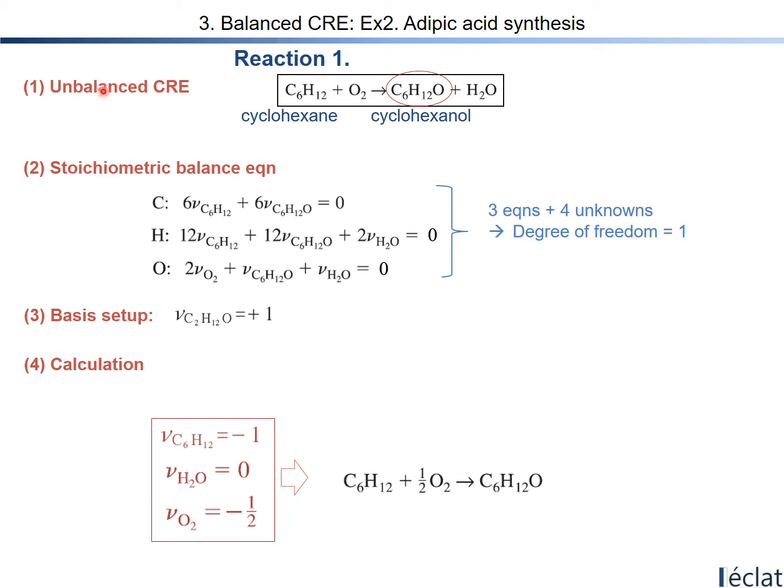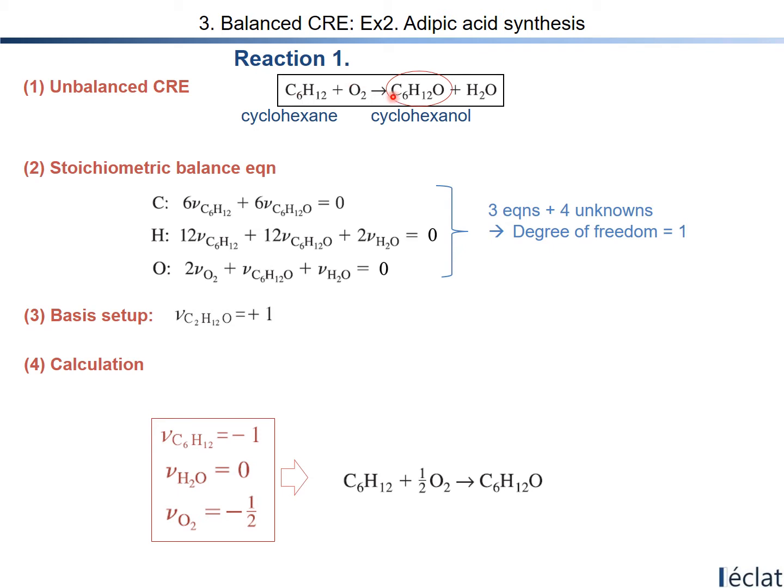Step 1, unbalanced chemical reaction equation. So this equation is already given to you. Cyclohexane, oxygen, cyclohexanol plus water. So step 2, stoichiometric balance equation. In this equation, we have three different atoms there: carbon, hydrogen, oxygen.